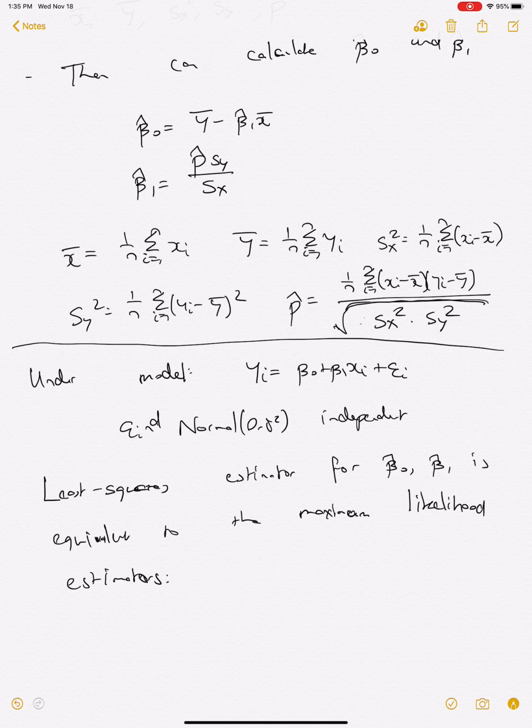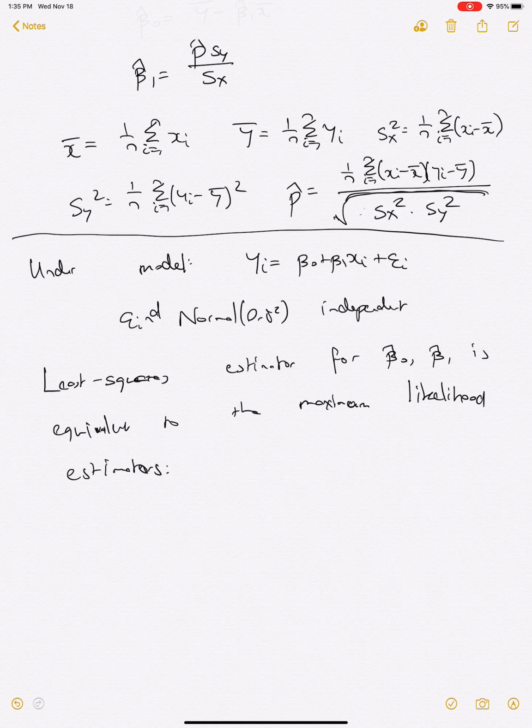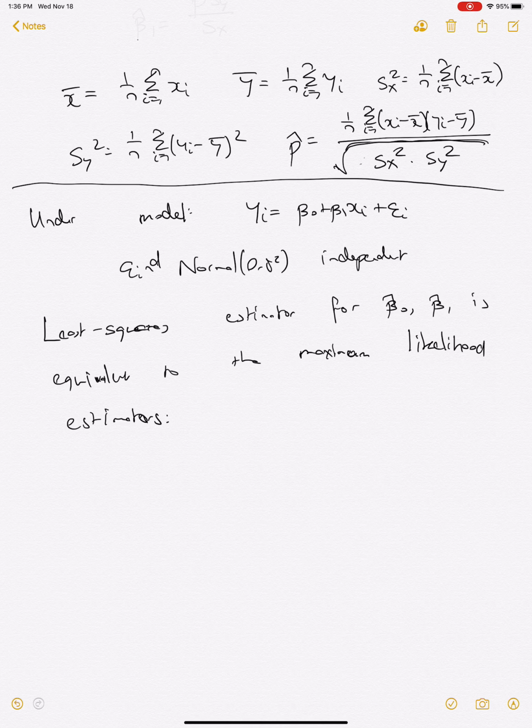We're not going to spend too much time on this. This assumption of normality is going to really come in handy when we start to talk about distributions of these beta hat 0s and beta hat 1s, which we'll get into a lot more in the next lecture. One of the cool things about assuming that these epsilons are normal and independent is that if we try to find the maximum likelihood estimate for beta 0 and beta 1, that's equivalent to the least squares estimate.